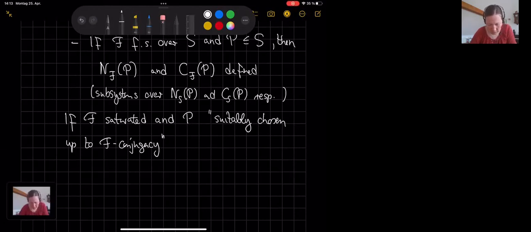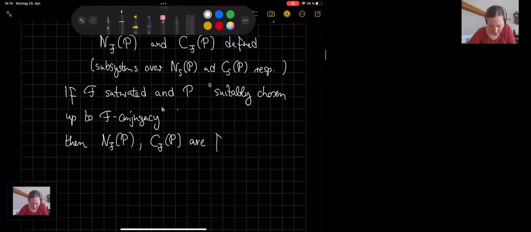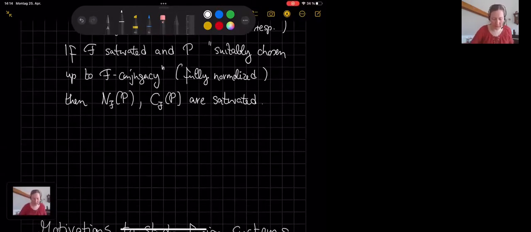That would correspond to conjugation in the group if you look at a group fusion system. So one says F-conjugacy. Then the normalizer in F of P and the centralizer in F of P are saturated. P needs to have a property which we call fully normalized, that means it's suitably chosen up to conjugation so that we get saturated fusion systems here.